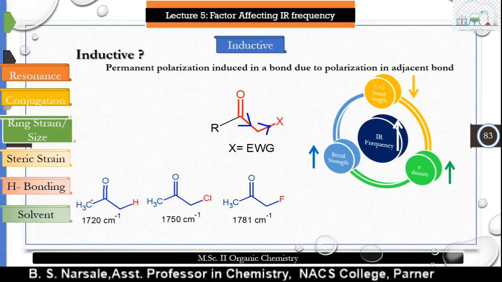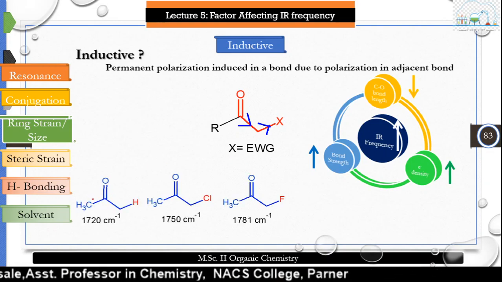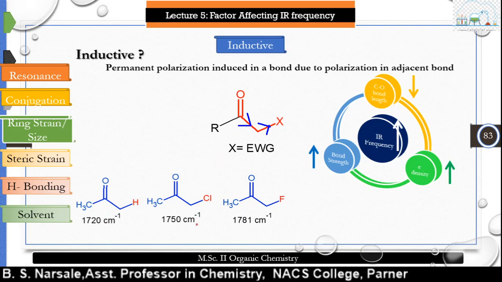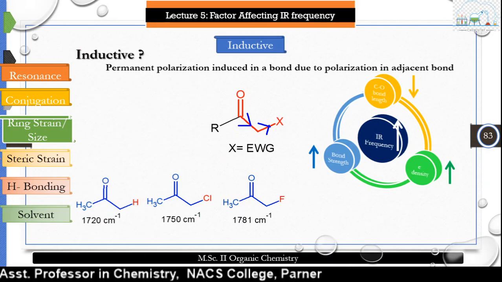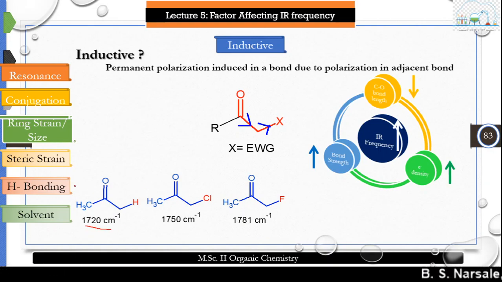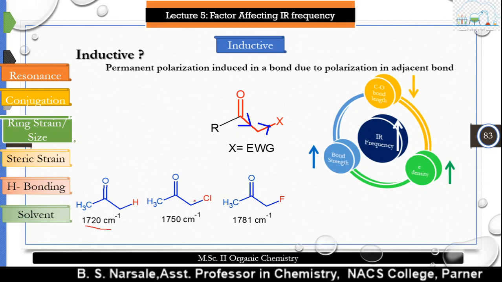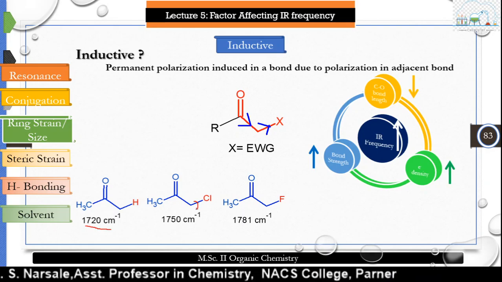Let's consider some examples. In acetone, the normal IR stretching frequency is 1720 cm inverse. Now, if you look at the IR stretching frequency for the chlorine group, it is electronegative and it pulls electron density towards itself.